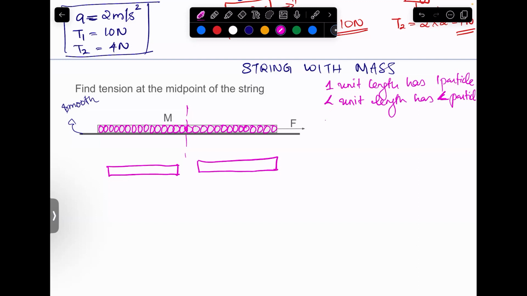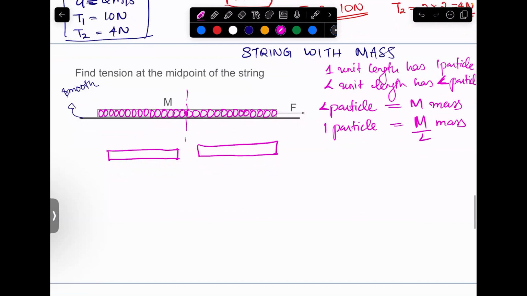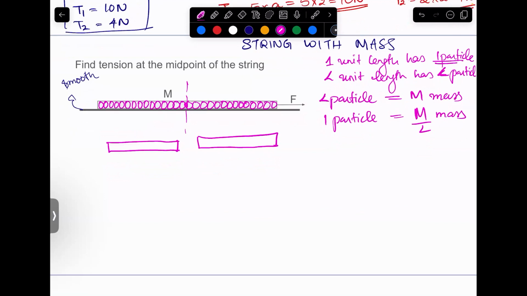L particles together have m mass. That means one particle will have m by L mass, right? One particle is one unit length. So one unit length will have m by L mass.